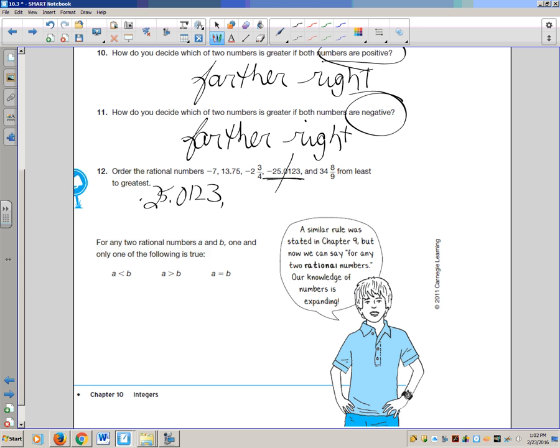Cross it out. I have another negative, -7. Cross that out. There's another negative, -2 3/4. Cross that out. And you've got 13.75 to be exact, and 34 8/9.